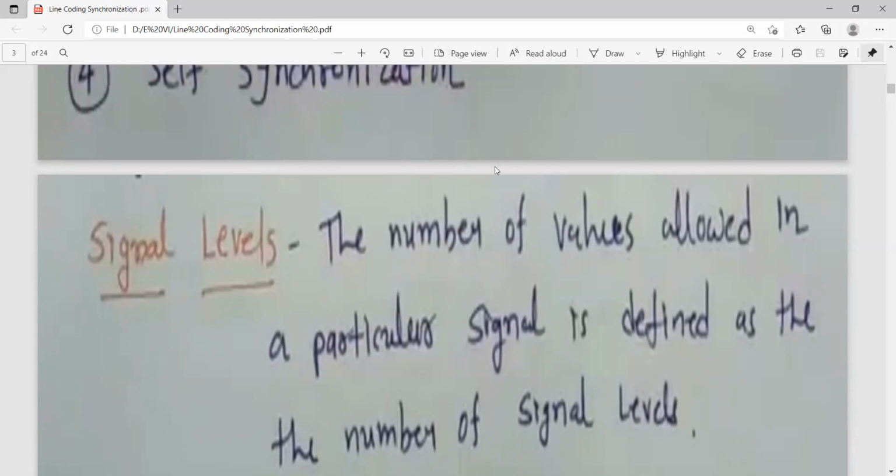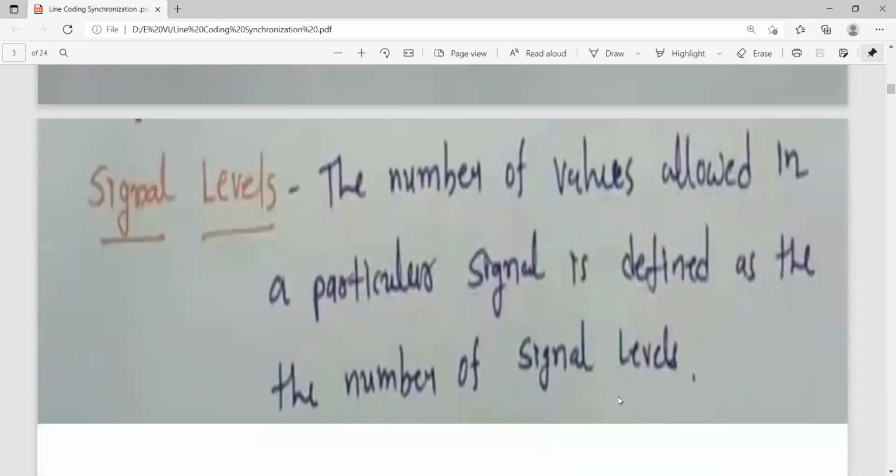So with three values, 0, plus and minus, the signal levels are 3. The number of values allowed in a particular signal is defined as the number of signal levels.